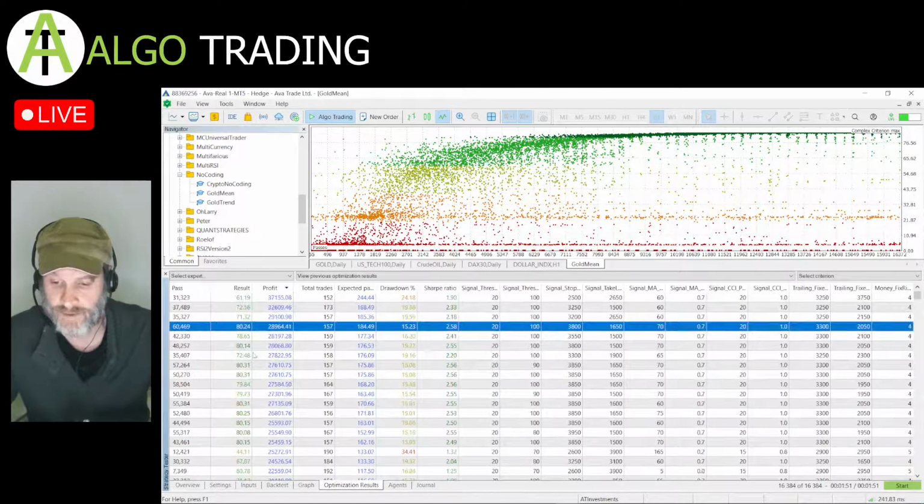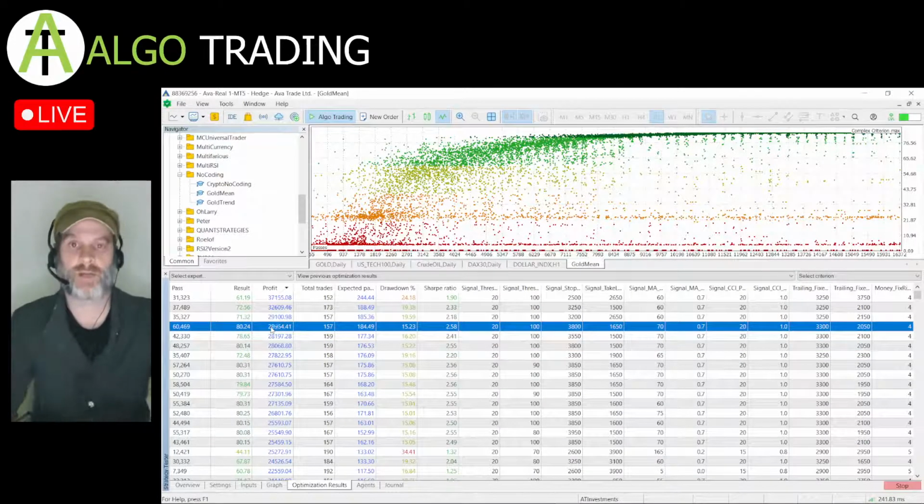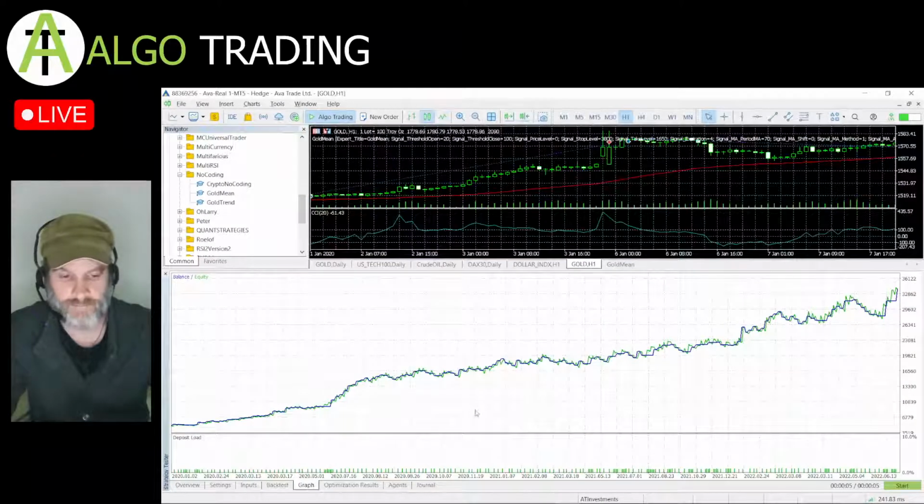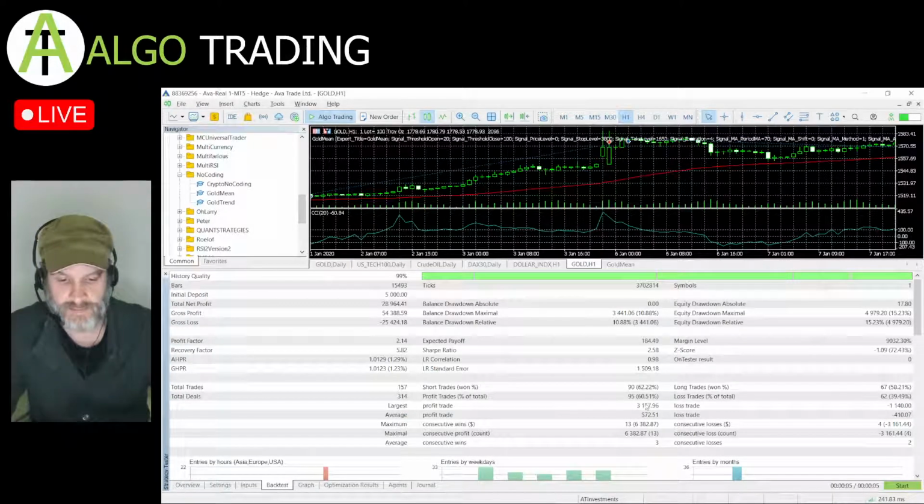So let's actually just run one of these. 80 is a good score. Okay, let's run it. Have a look at the equity curve. Oh, that's very nice. Much better. Okay, let's see the backtest. 60% win ratio.